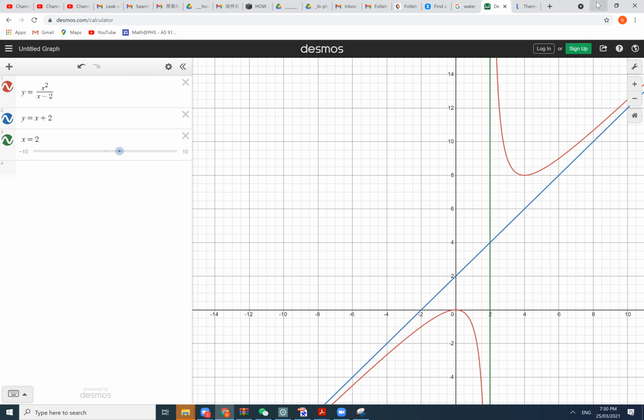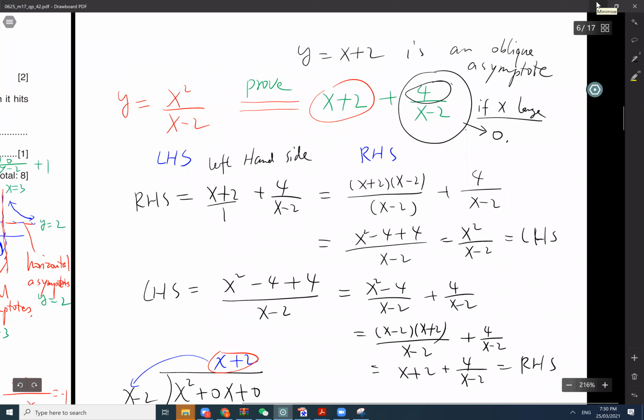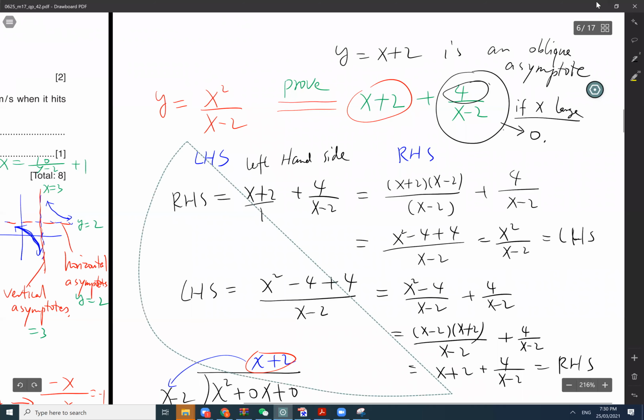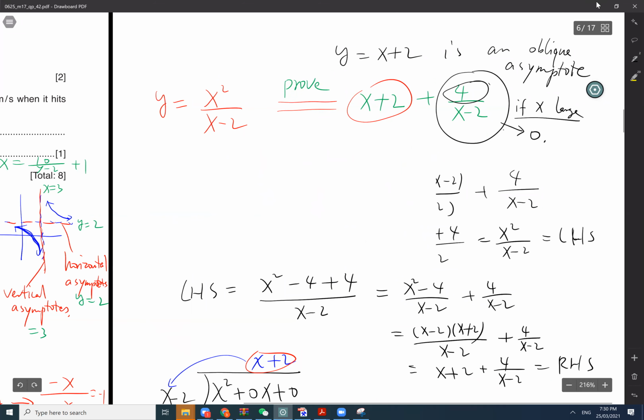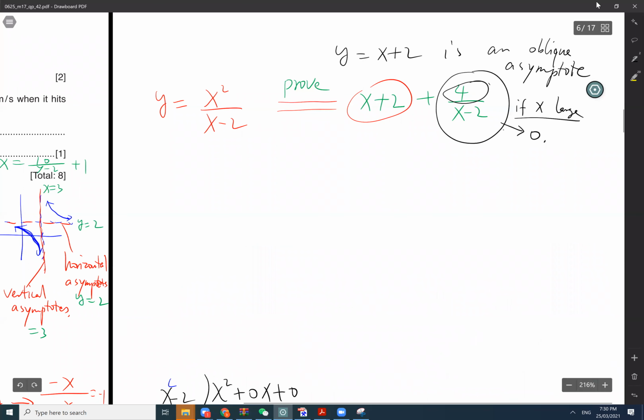Now let's investigate more. We still need to investigate the same graph, but I'll ask how we do it without a calculator. Now we know the asymptotes: y equals x plus 2, which passes through -2, and x equals 2.